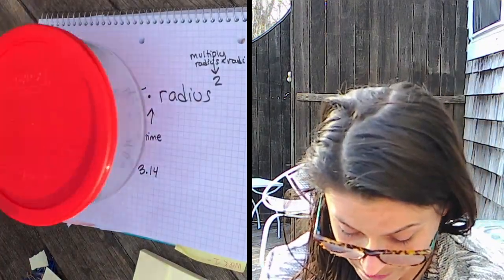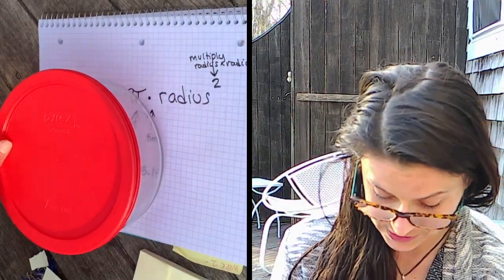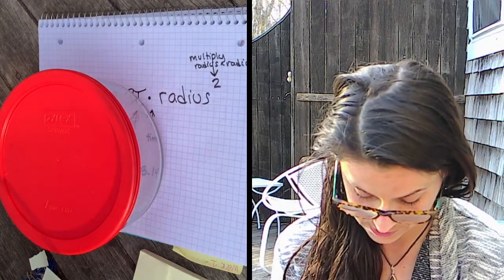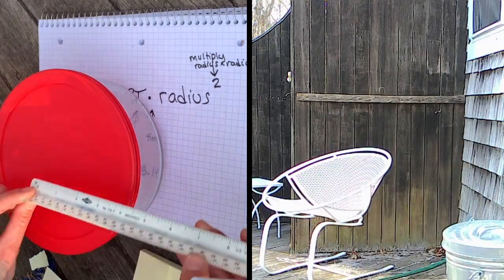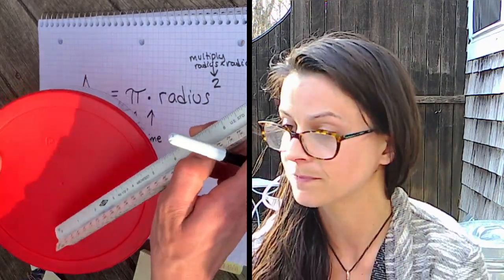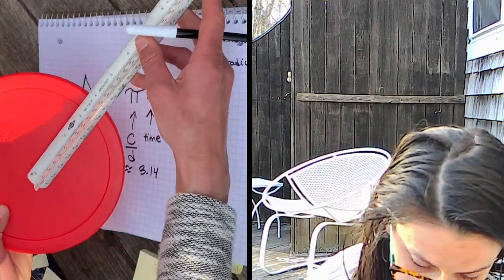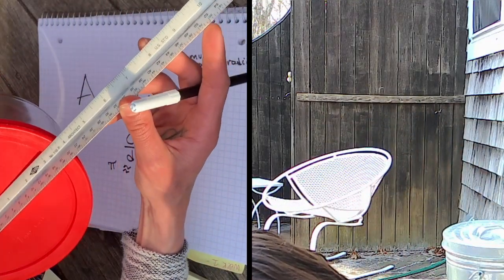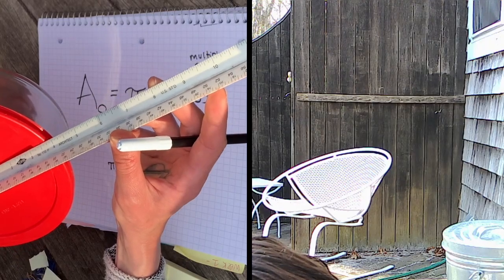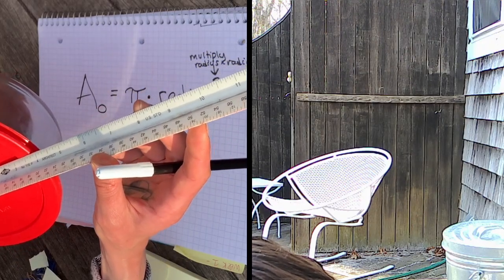So again, I love the Pyrex because it has this little center mark. I know exactly where the center is. And then I'm going to use inches to measure from the center to a point on the circle.